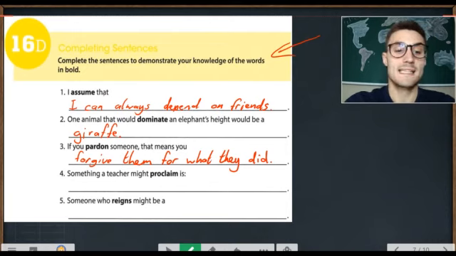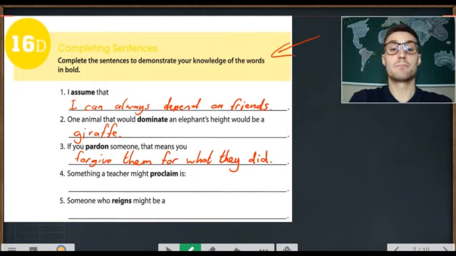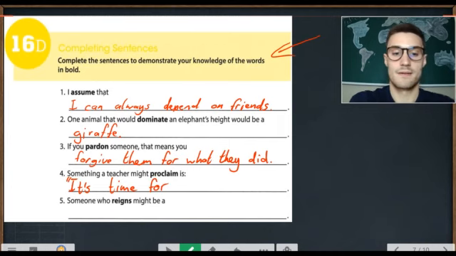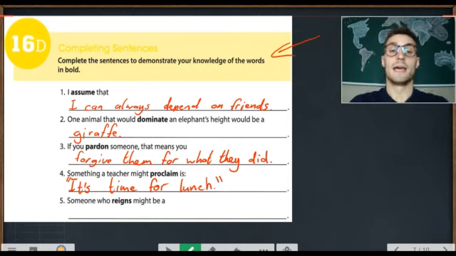Number 4. Something a teacher might proclaim is... So, something a teacher might make known. I'll put it in quotes. Is... It's time for lunch.